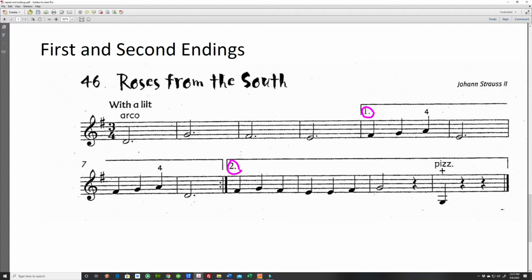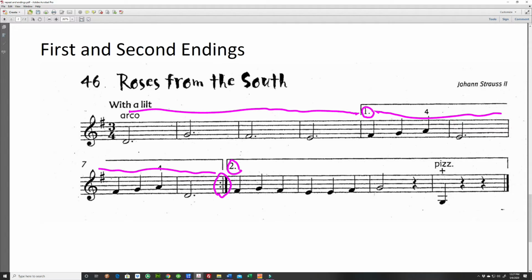So how that works is we start the song at the beginning just like we normally would, and we play along, and when we get here we have to make a decision. The question we ask ourselves is, is this the first time I've gotten here, or is this the second time I've gotten here? If it's the first time, then I'm going to do the first ending part, which means I'll play this, and I'll play this, and there's my repeat sign right there.